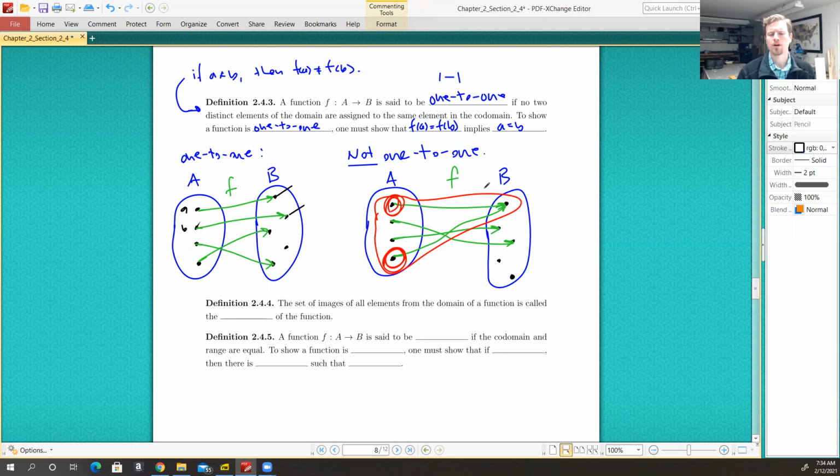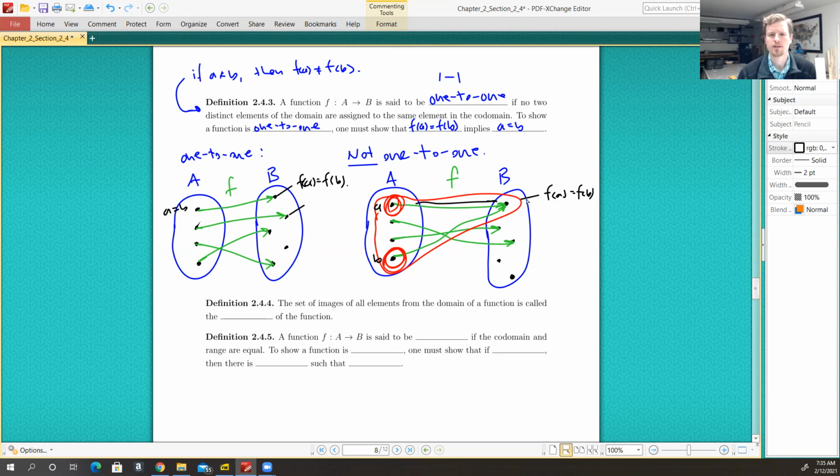Over here, if I have that f of A is equal to f of B, it's not necessarily true that A and B are the same element. A and B go to the same element here, A and B go to different elements here. If we assume that f of A equals f of B, then they would have had to be the same thing to begin with.